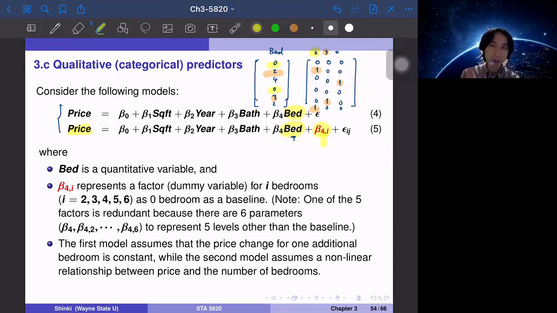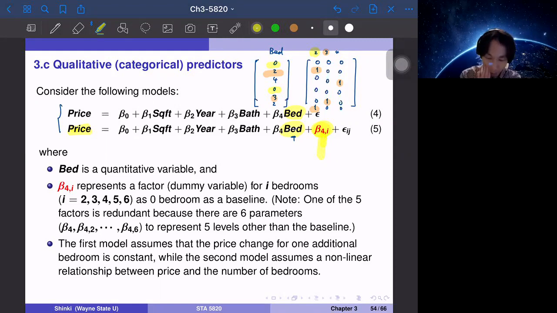The number itself is important as a numeric value, but possibly we have a big difference between houses with 0 bedrooms and houses with 2 or more bedrooms. To distinguish that kind of nonlinear relationship between the number of bedrooms and the price, we add dummy variables for each level, and we see whether these coefficients are significant or not.